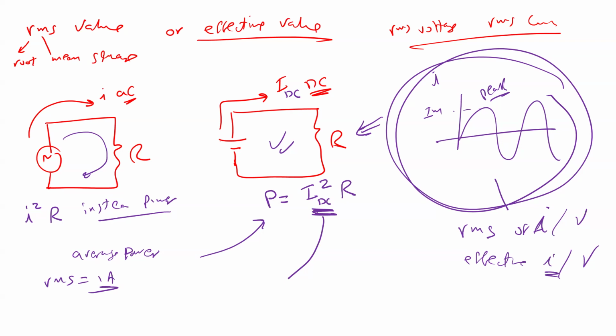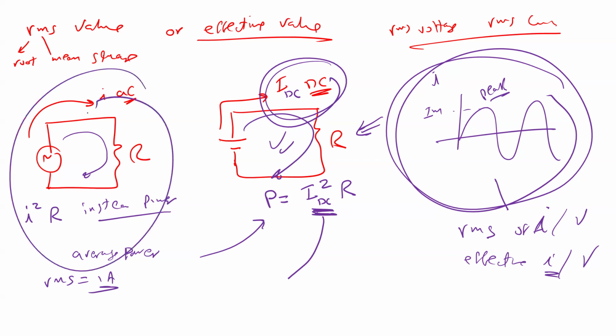The two circuits have the same average power. So the effective value means the value of DC current that can give the same amount of power. You got what I'm saying?